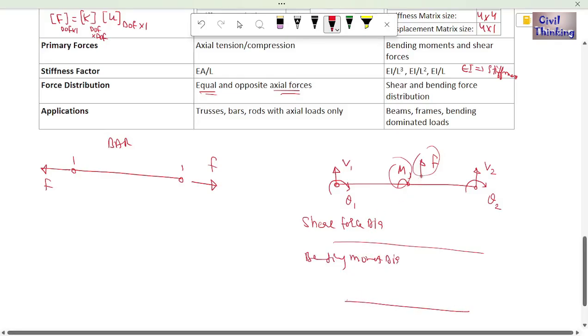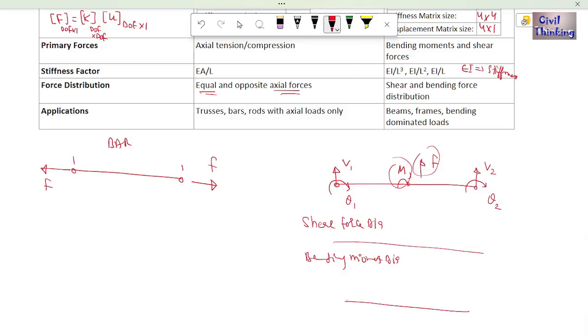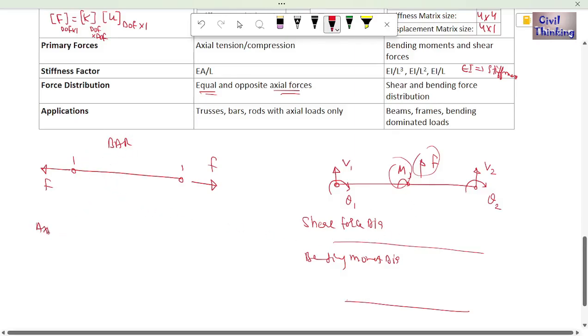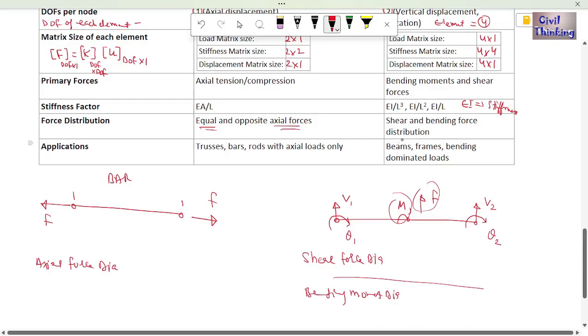Because we have shear forces and bending moments, we often draw what? Shear force diagrams and bending moment diagrams of beams. But when we have the bars, we often draw what? Axial force diagrams. So shear and bending are the primary forces here.